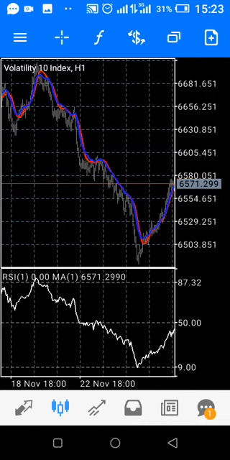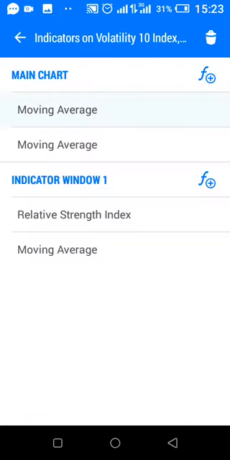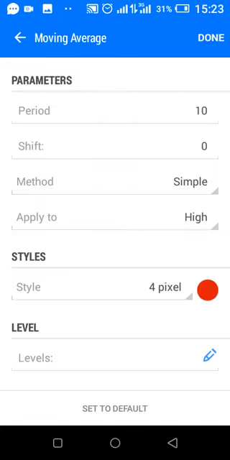We are using two moving averages. The first moving average will be period 10, shift 0, method simple, apply to close, and the style can be 2, 1, or 3, depending on the way you want it to be.